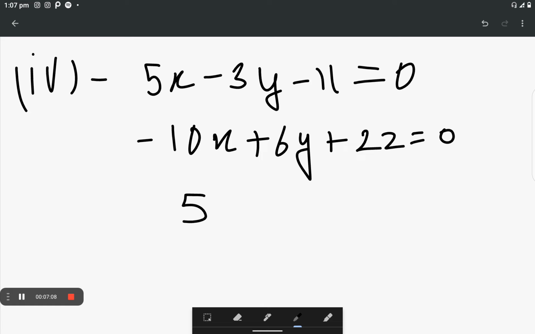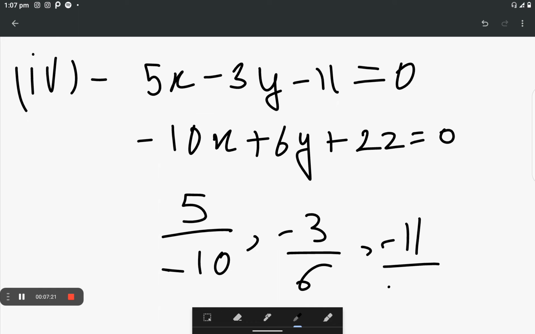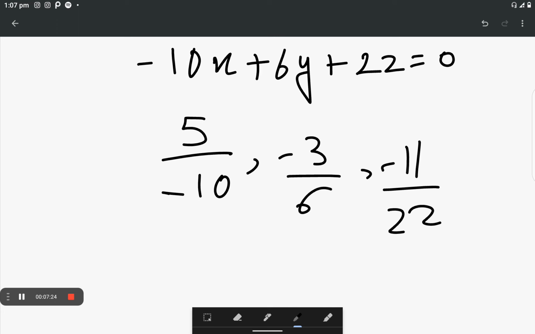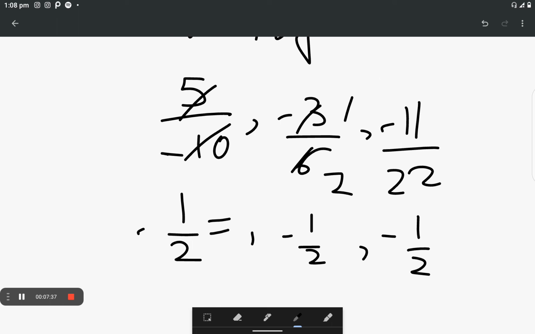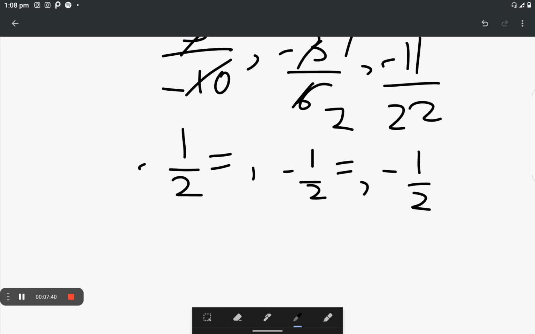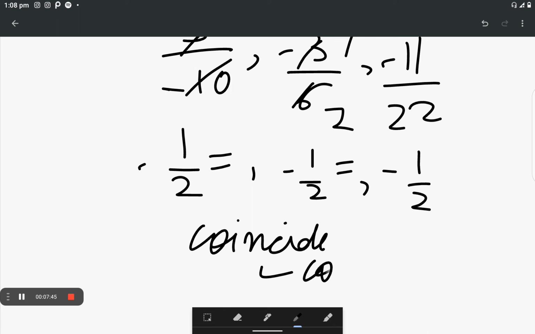So A1 is 5, A2 is minus 10, B1 is minus 3, B2 is 6, C1 is minus 11, and C2 is 22. So you'll have minus 1 upon 2, minus 1 upon 2, and minus 1 upon 2. They're all equal, so again the lines would coincide and the solution would be consistent.